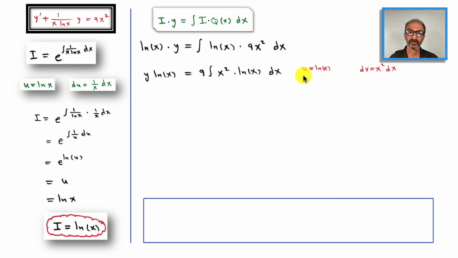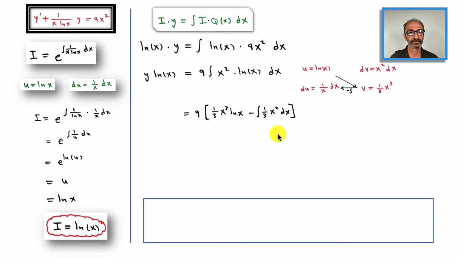We differentiate u, and we integrate dv. With that, we get v equal to the integral of x squared, which is x cubed over 3, and du is the derivative of ln x, 1 over x dx. So we multiply these two parts and subtract the integral of the product of v and du.